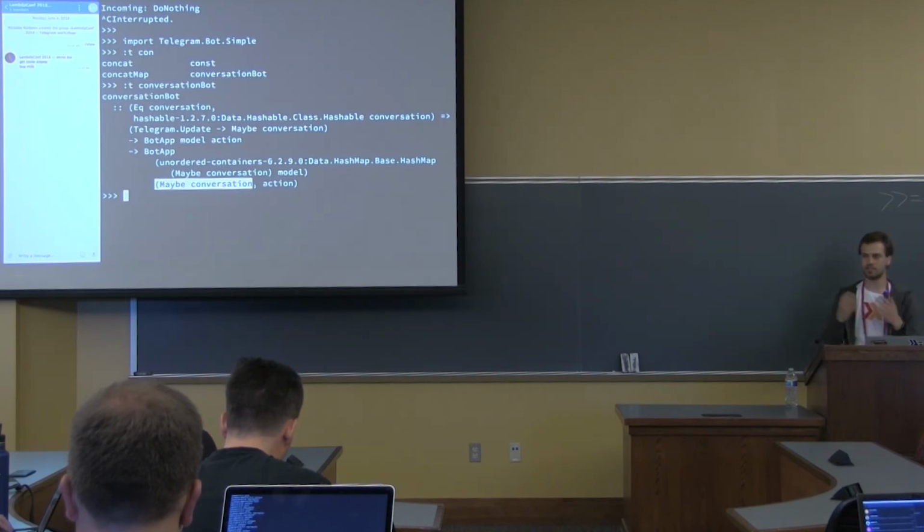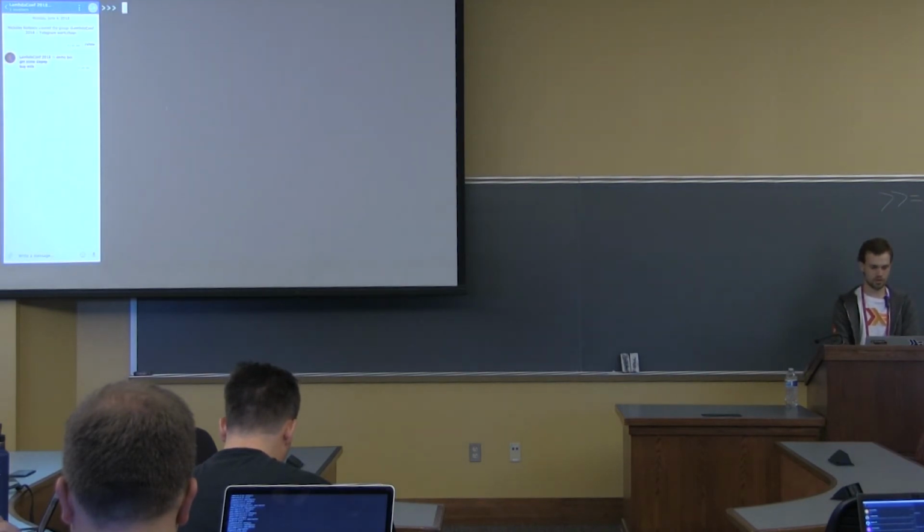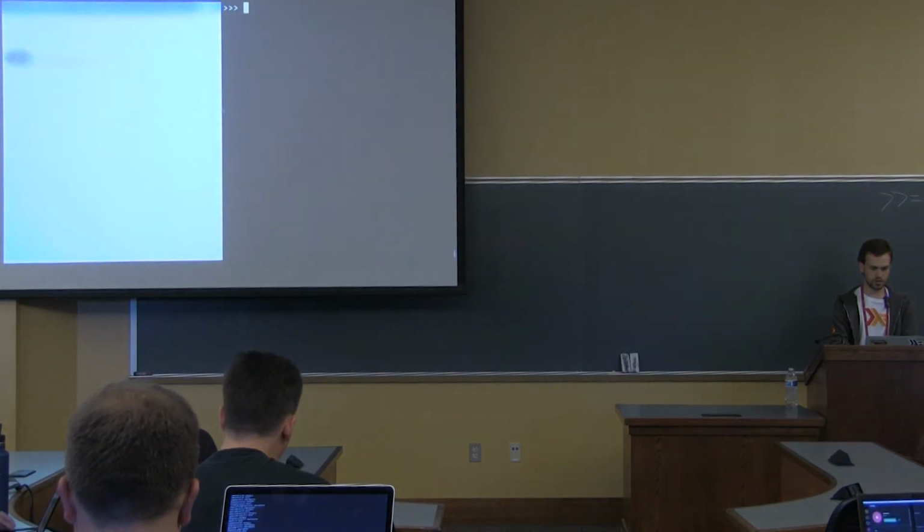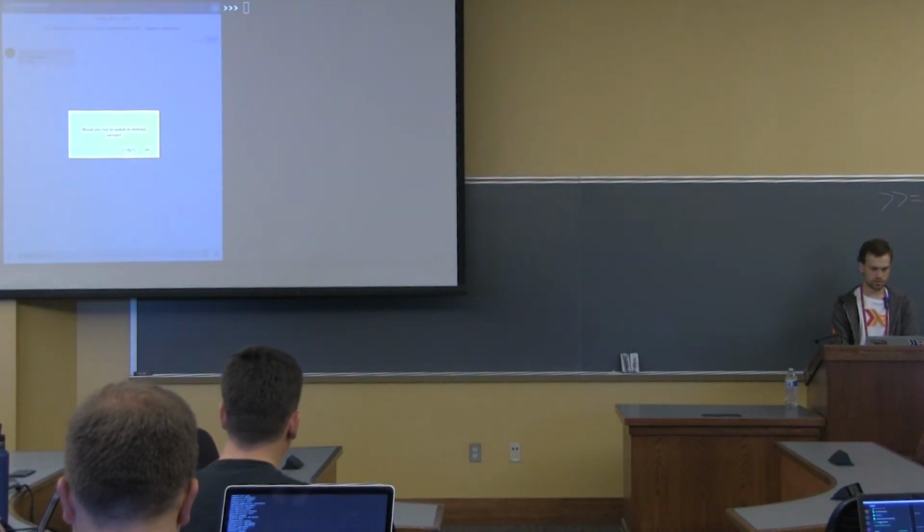And that's just a function. It changes all those handlers and parsers in a way that allows you to easily go from one user to all the conversations. All right.